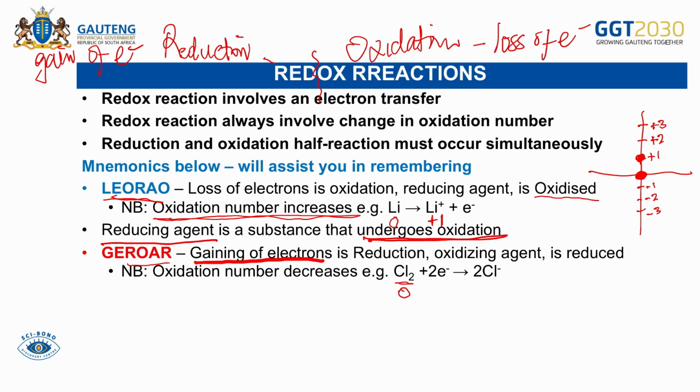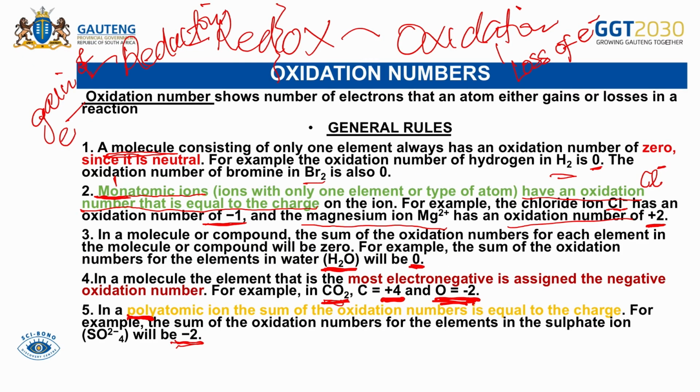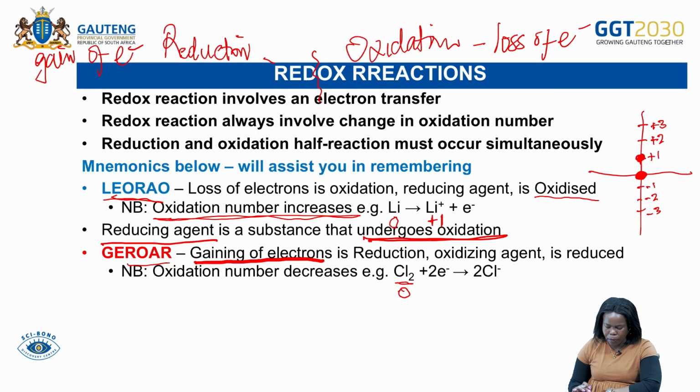If we were to go back a little bit, this was just basically rule number 1. A molecule consisting of only one element has an oxidation number of what? Of 0. Okay? And then afterwards, it is an ion. Something has happened there. Has it gained or has it lost electrons?